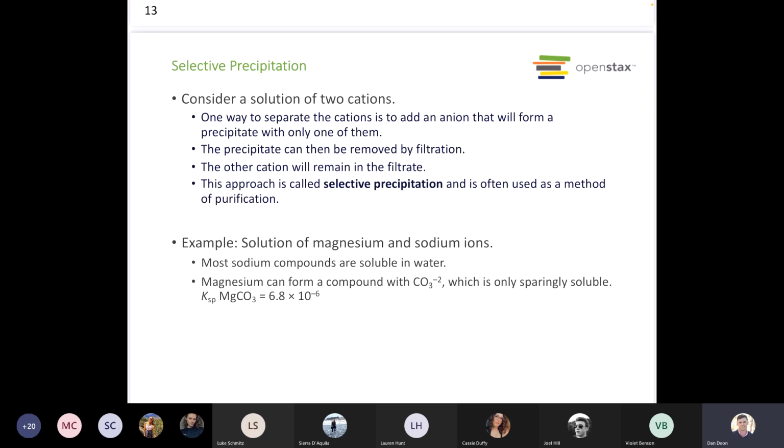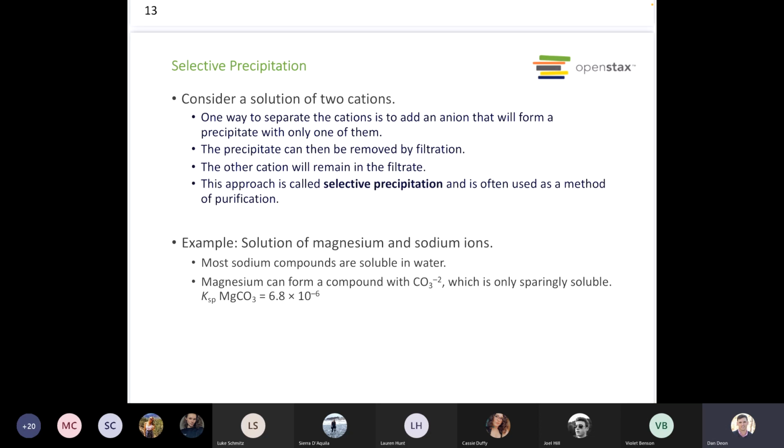And without me going into the whole, no pun intended, treatment of wastewater, let's say you had two cations in a solution, and you want to remove one cation and leave the other one behind. How would you do that, right? You could do the same thing with two anions too. But let's say you've got two cations.